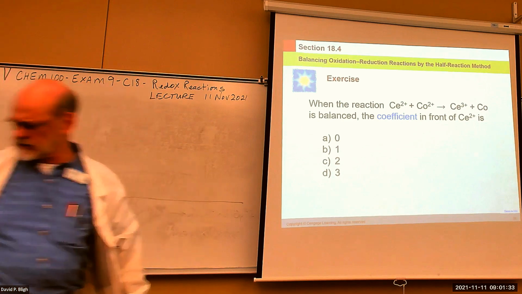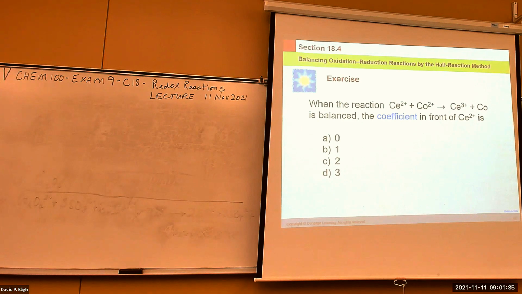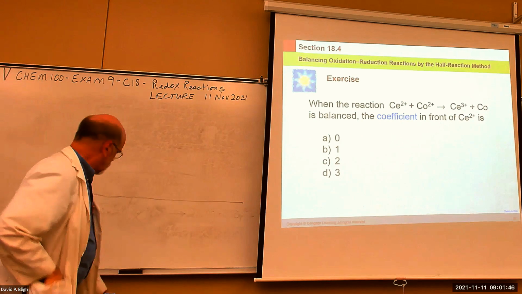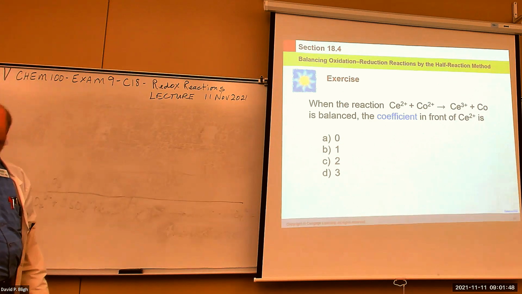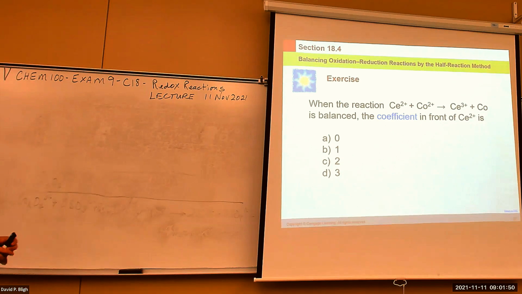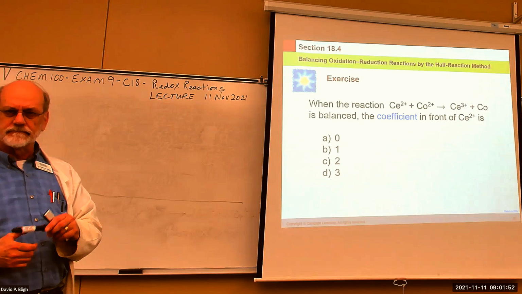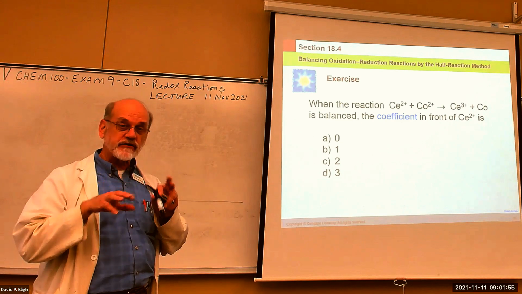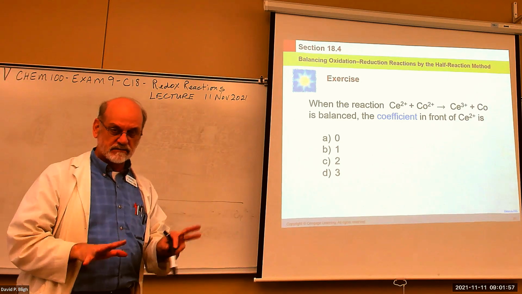Oh, they're not going to show us. I have to do this one on the board, I guess. Well, you know, we may not have to use half reactions here. I mean, half reactions will work, no doubt about it.